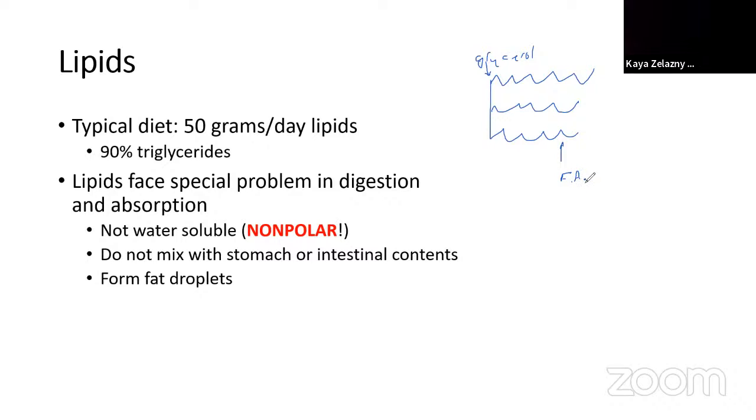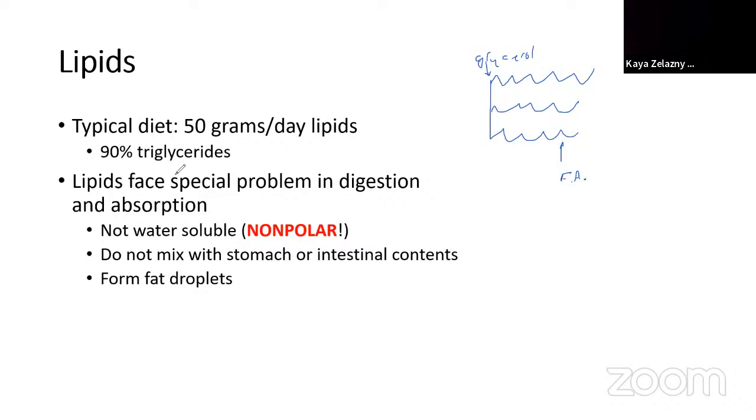So when we think about lipid absorption, really that's what we focus on. We have some phospholipids we might be eating, we have some cholesterol that we're eating, but it's not a significant portion of the lipids that we're taking in.